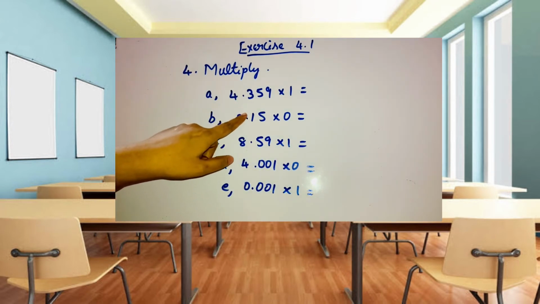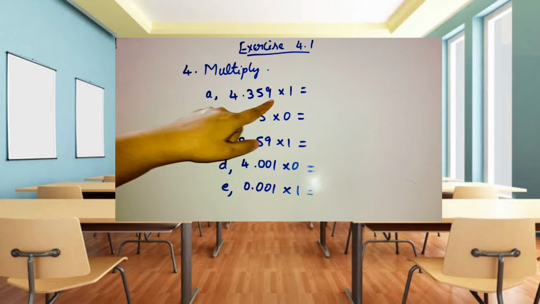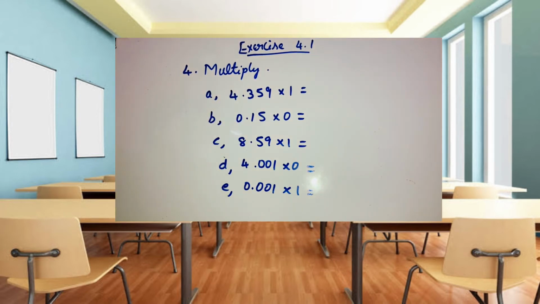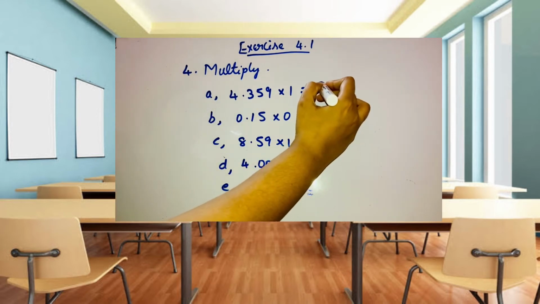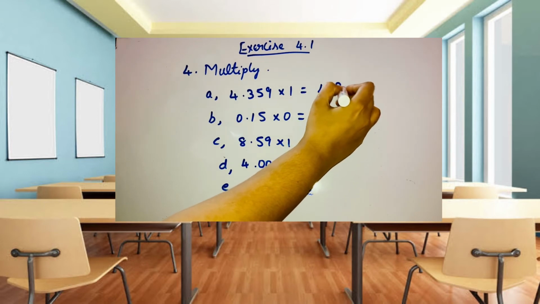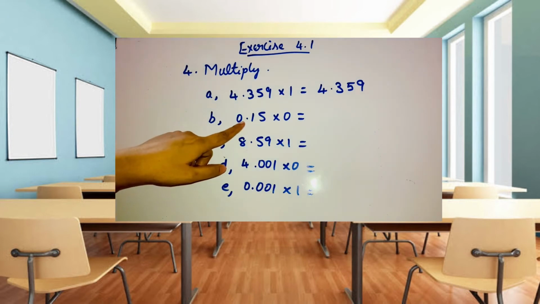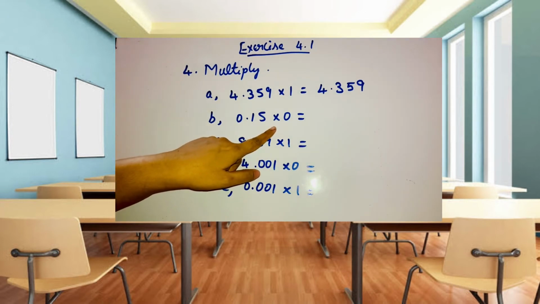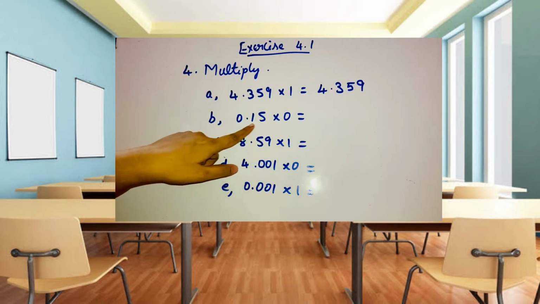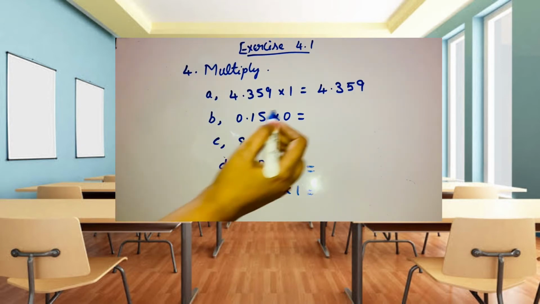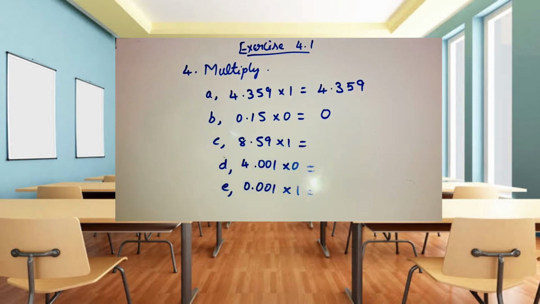So first one, whenever we multiply a number with 1, we will be getting the same number. So 4.359 into 1, the answer will be 4.359. 0.15 into 0: whenever we multiply a number with 0, the answer will always be 0.